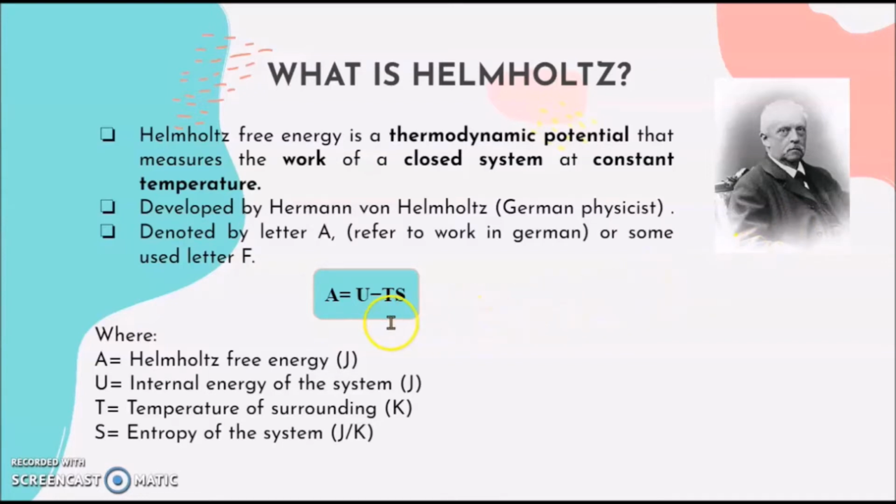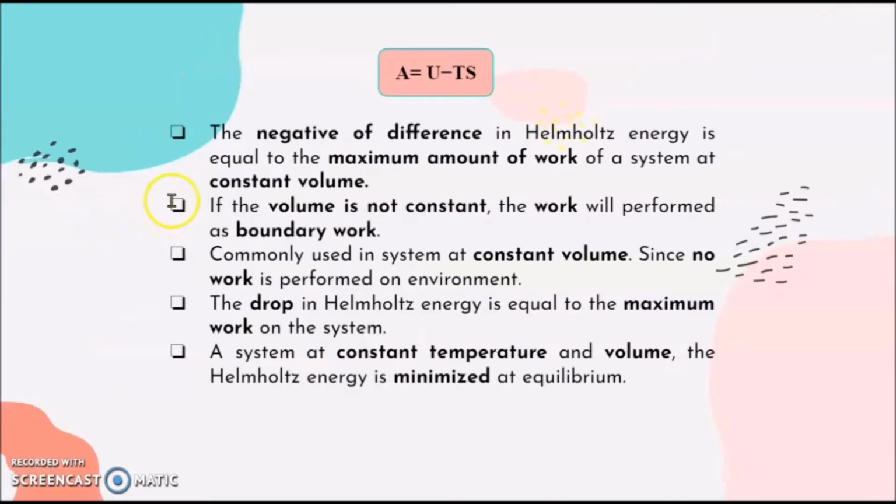The equation is A equals U minus TS, where U is the internal energy, T is the temperature, and S is the entropy. The negative of difference in Helmholtz energy is equal to the maximum amount of work of a system at constant volume.